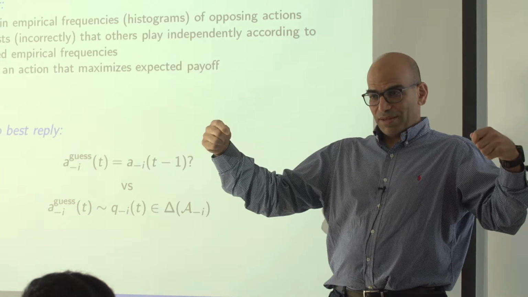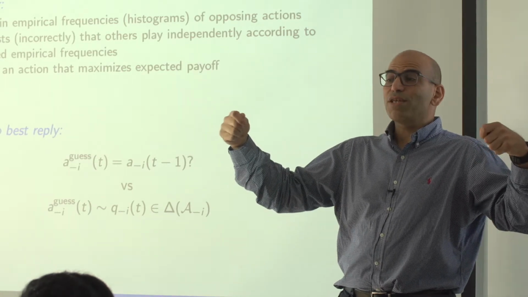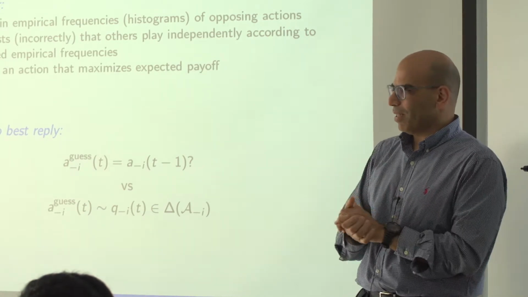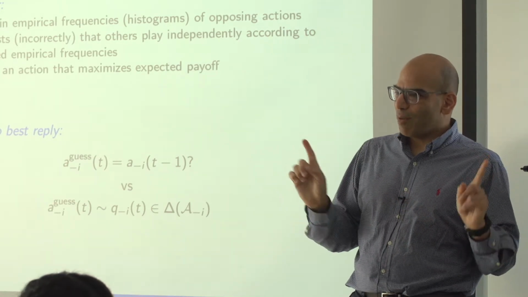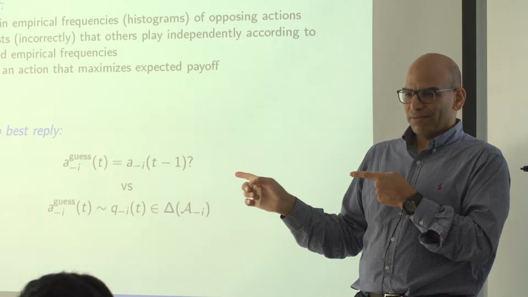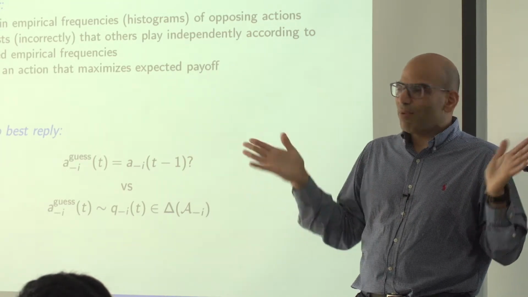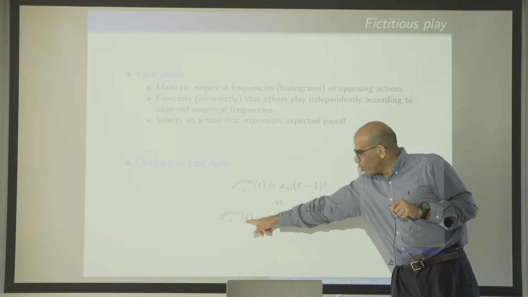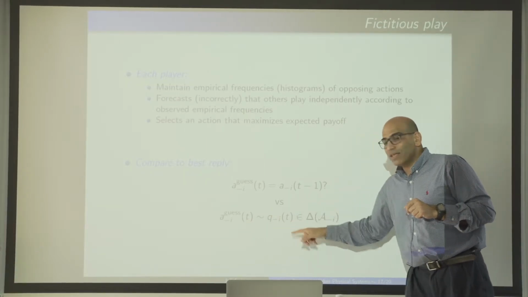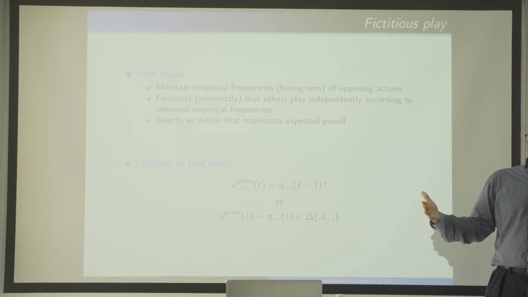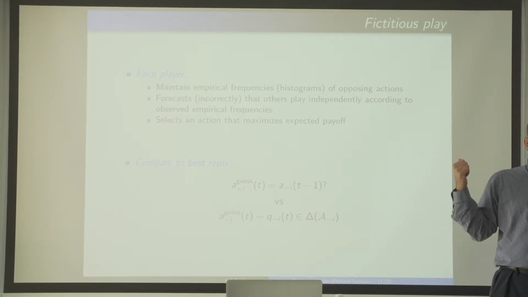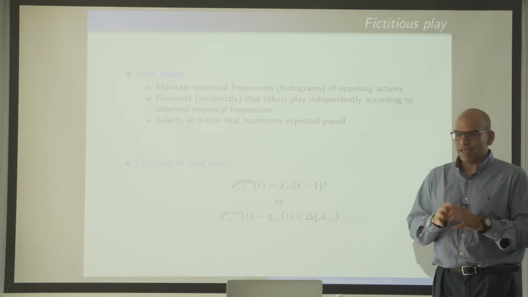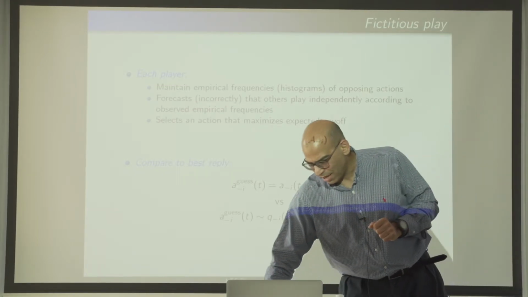I'm going to take that histogram and say my prediction from you tomorrow is 0.3, 0.3, 0.4 in probability. I'm going to use the histogram as a forecast. It's not really how you're behaving, but that's how I'm going to model you. So my guess about what you're about to do is the histogram of what you've done. Whereas in best response dynamics, my guess about what you're about to do is what you just did. So it's a little bit more sophisticated.